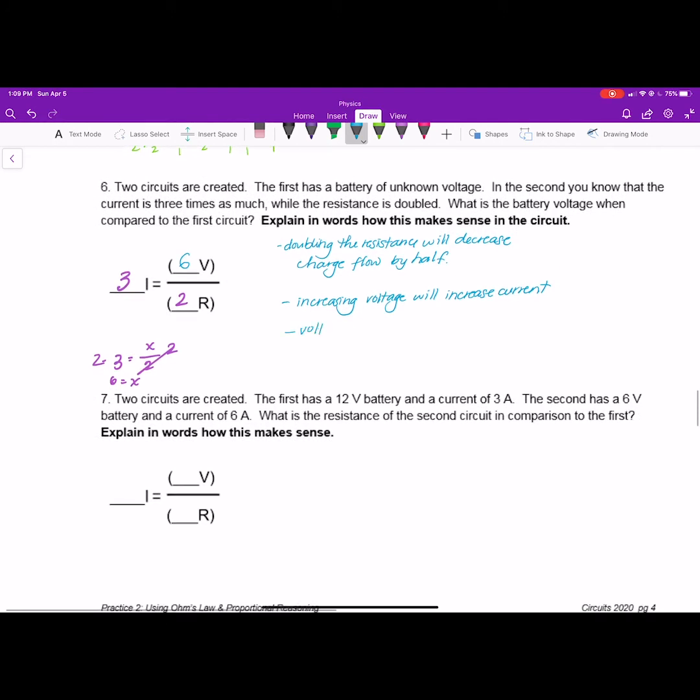So voltage will be 6 times as much as the first circuit. Or I guess "from" isn't the correct word to use. We'll use "as much as the first circuit."